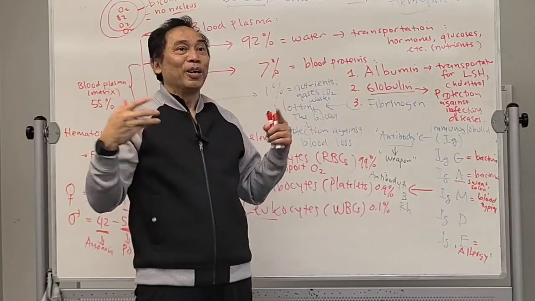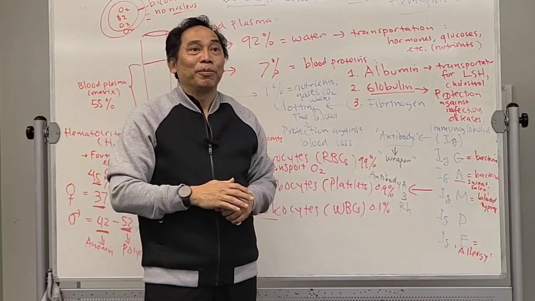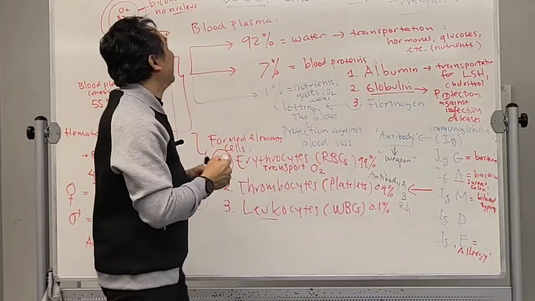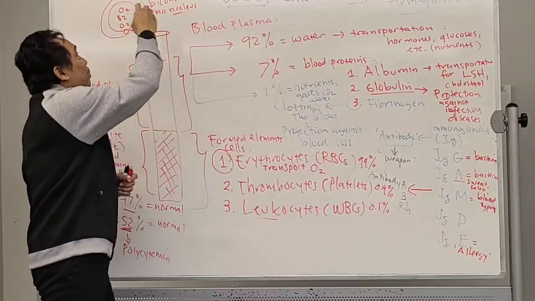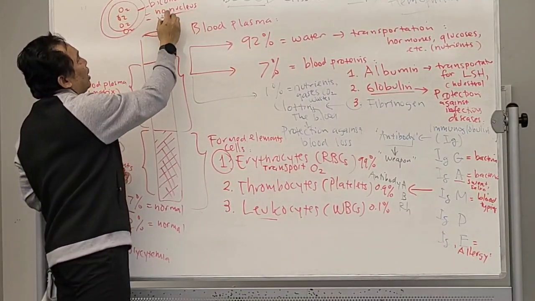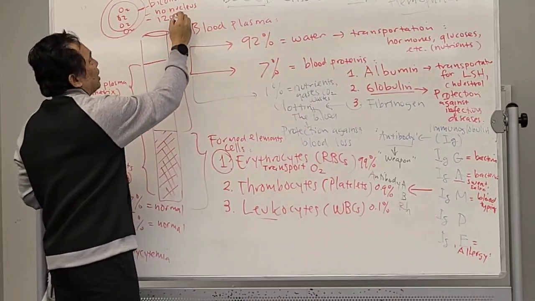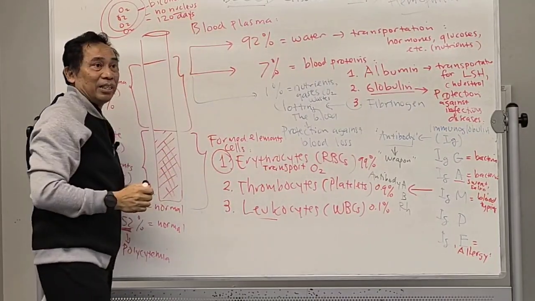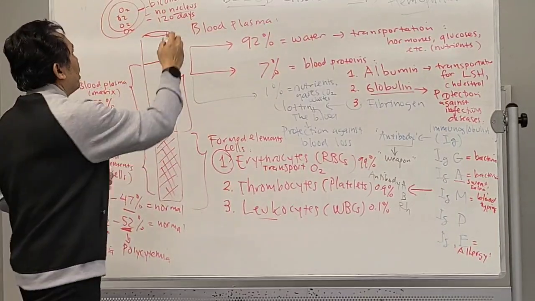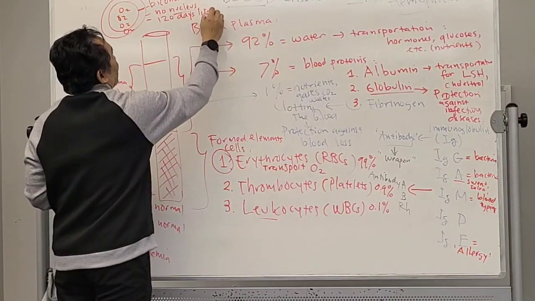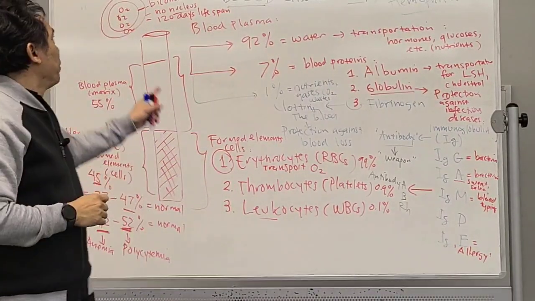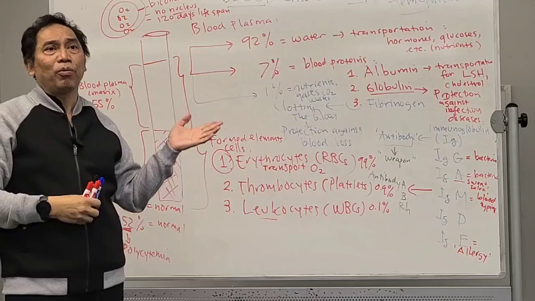It will die, right? Therefore, because the red blood cell does not have a nucleus, its lifespan is only about 120 days. So each red blood cell will only stay for 120 days.